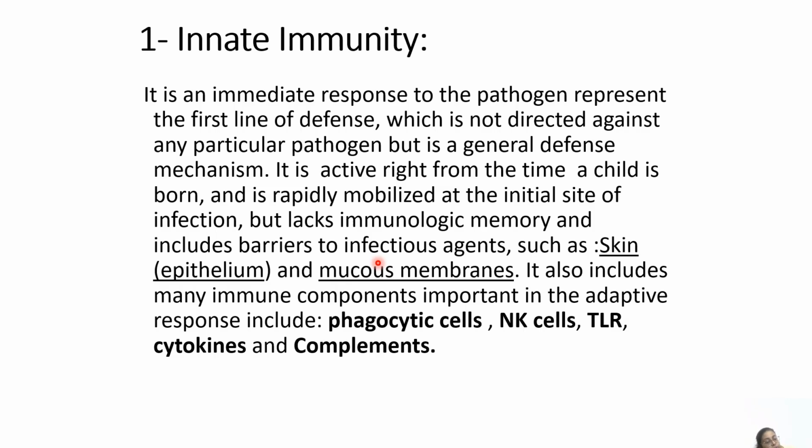Like if the same pathogen attacks again, this will again show a non-specific defense, and it includes barriers to the infectious areas like skin, our epithelium, and then mucous membranes. All of these fall under innate immunity, and it also includes many immune components important in the adaptive response, including phagocytic cells, natural killer cells, TLR, the toll-like receptors, cytokines, and complements.